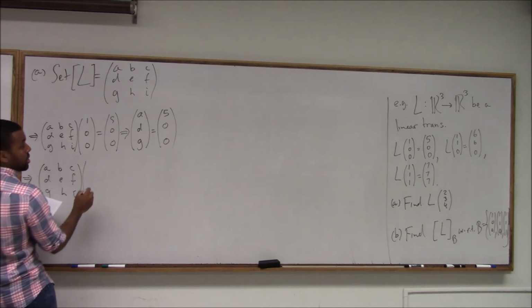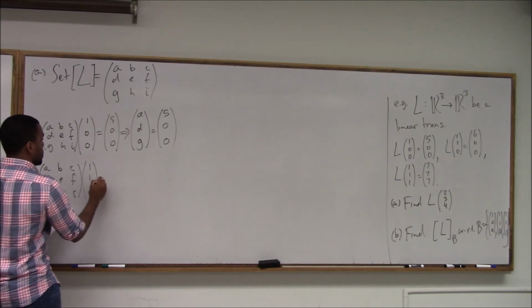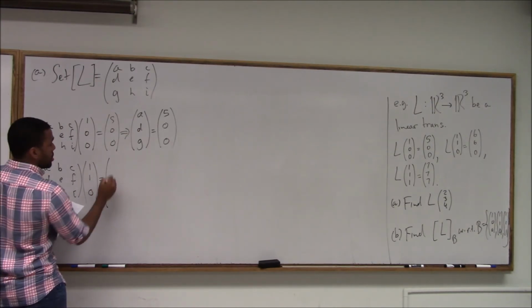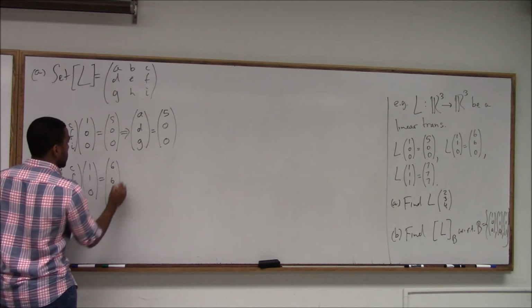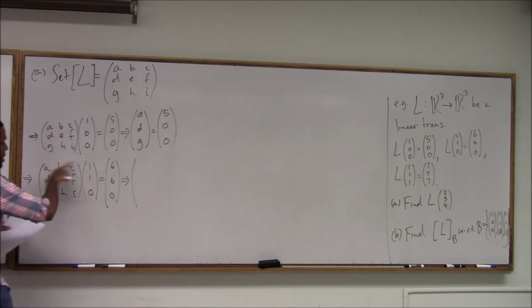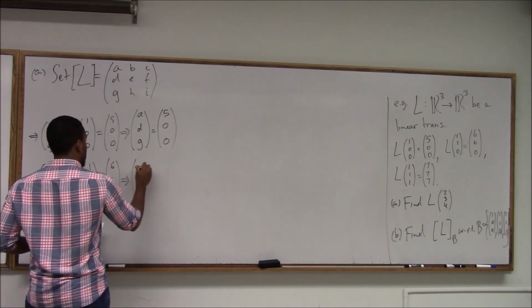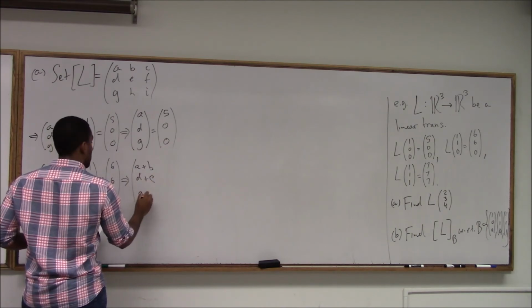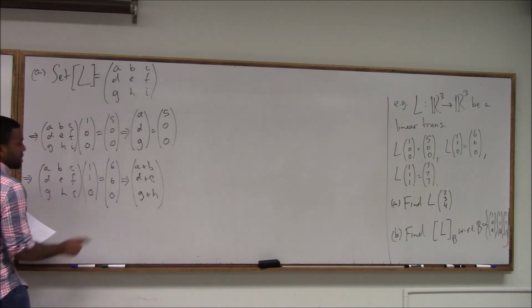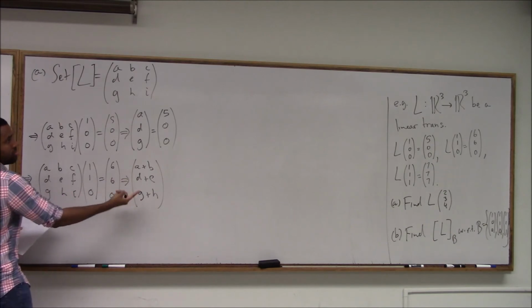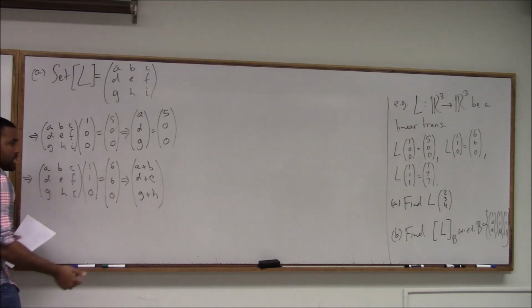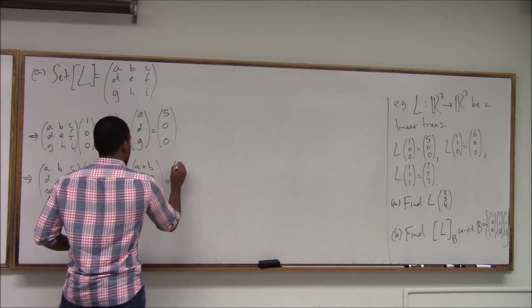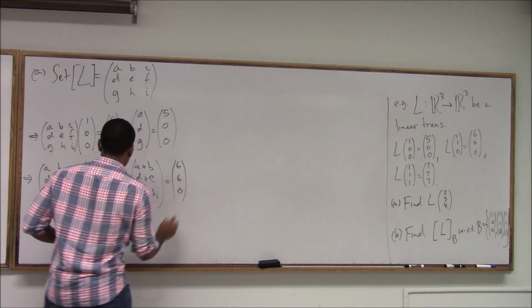And then, if I take that same matrix multiplied by 1, 1, 0, the output was 6, 6, 0, which means if I multiply, I would get A plus B, D plus E, G plus H. And the thing is, I already know A, D, and G, so I can find B, E, and H. That would be 6, 6, 0.